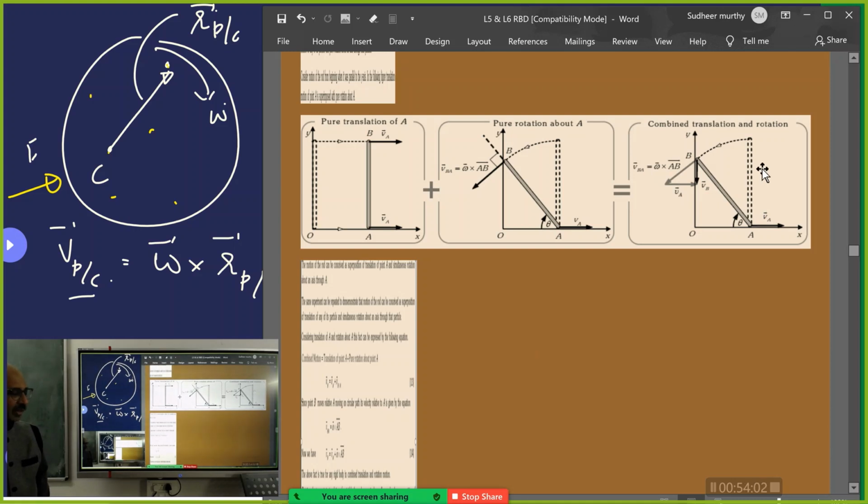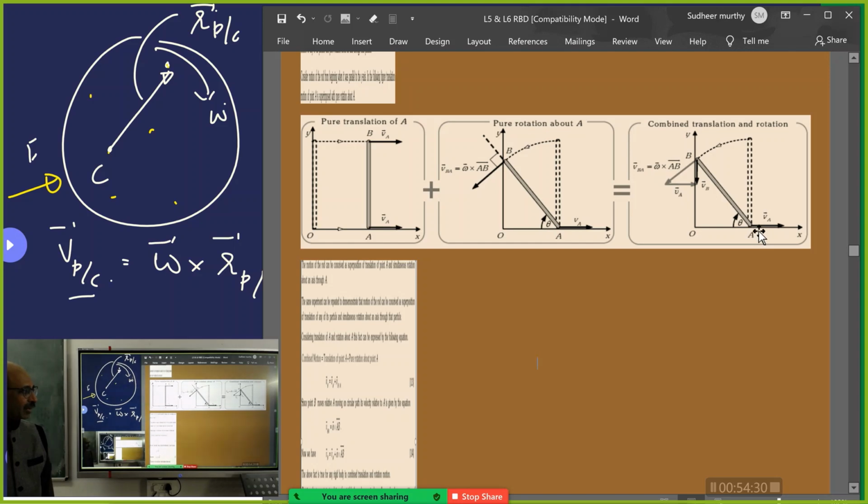Please be careful. What I am trying to tell everyone is that this point is only translating, and this point is translating as well as rotating. But look at the translation of this point: it is in the minus j direction. And the instantaneous axis of rotation is somewhere here.